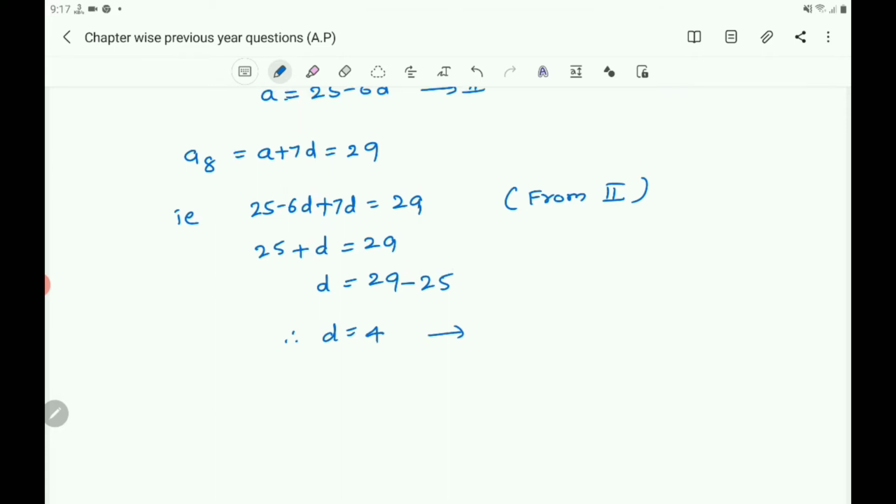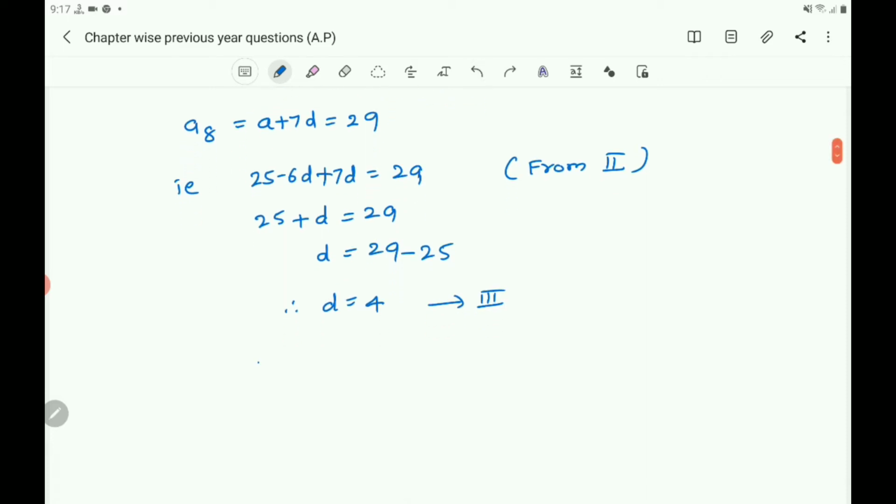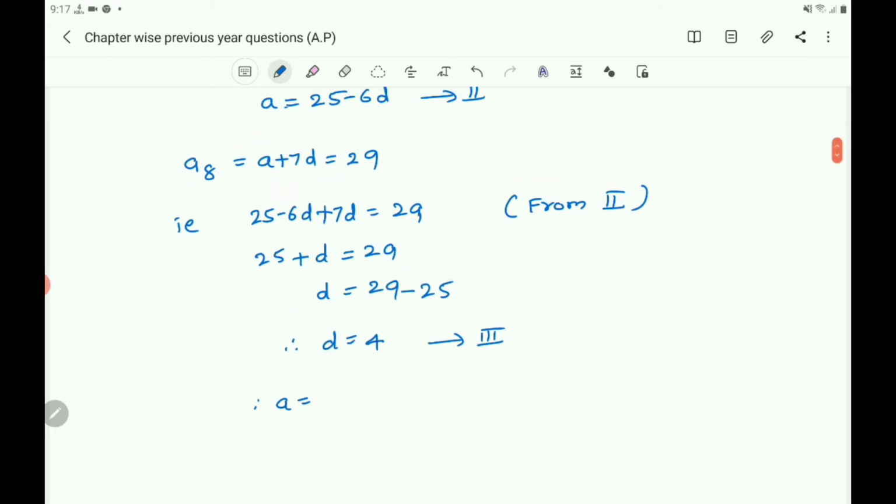Consider this as the third relation: you got the value of d as 4. Now get the value of a. Therefore a equals 25 minus 6d.